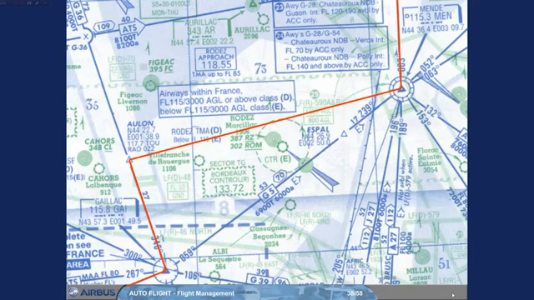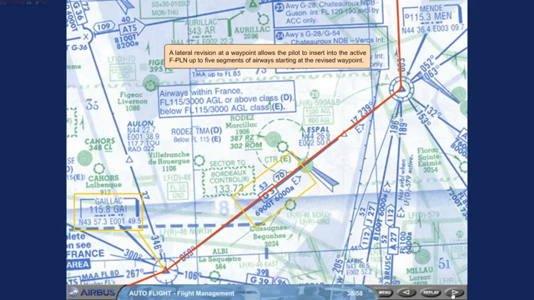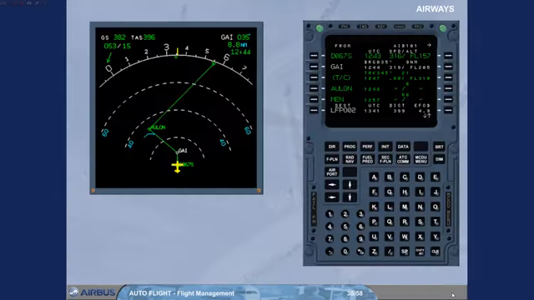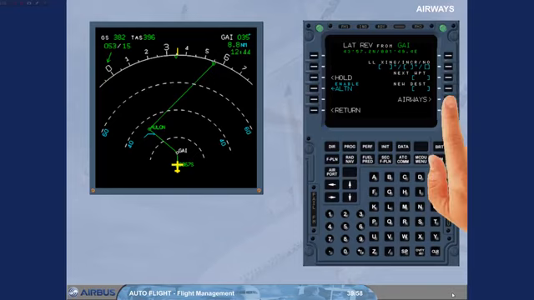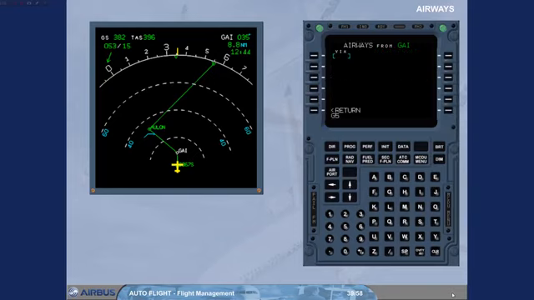A lateral revision at a waypoint allows the pilot to insert into the active flight plan up to 5 segments of airways starting at the revised waypoint. The Airways page is accessed by the line select key 5 right on the waypoint lateral revision page.